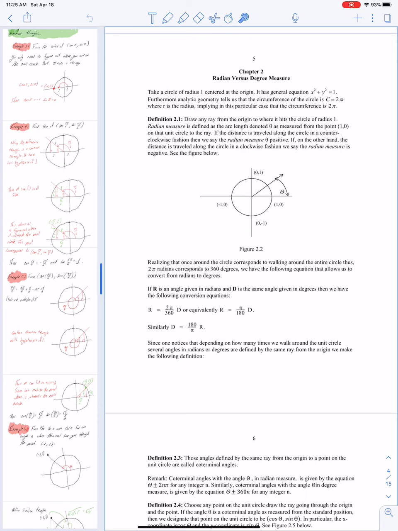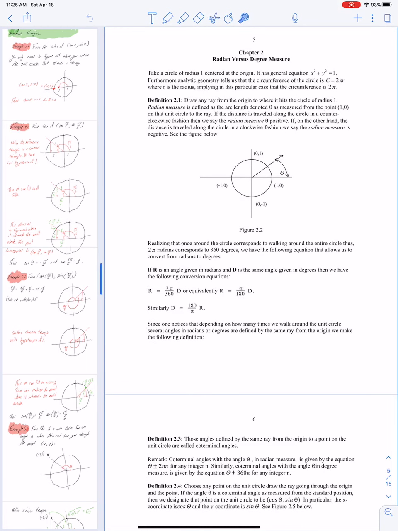And that's where we get the equivalence. 2 pi radians is the same as 360 degrees. Now, if 2 pi radians is 360, then pi radians is 180.